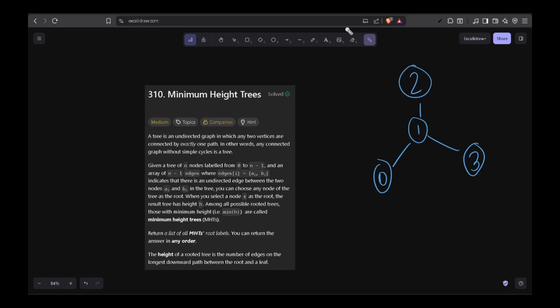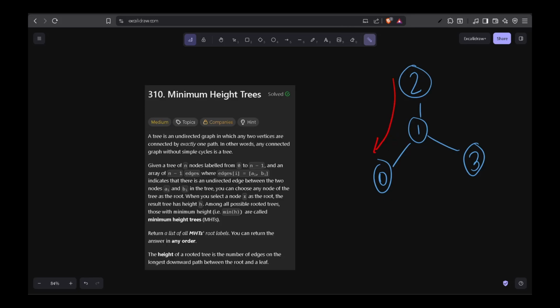Being a root means that we will start the traversing of the tree from that particular node, right? So if we choose this 2 as the root node, that means we'll be starting our traversal from 2. We'll go from 2 to 1 to 0 or to 3, right? Now where do we want to go? We want to go to the last possible leaf, right? So that means if we start from 2, we move to 1 and we move to 0.